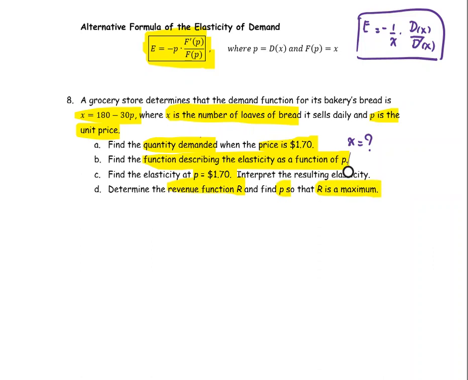So for part A, we find the quantity, which is x, when the price is $1.70.